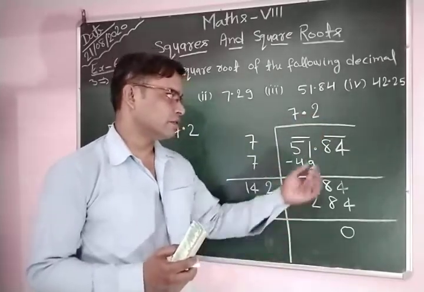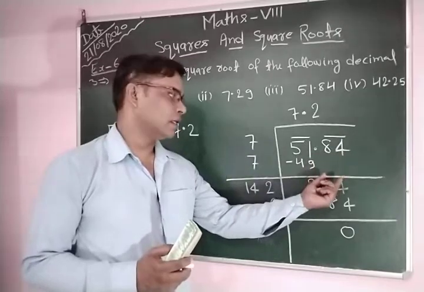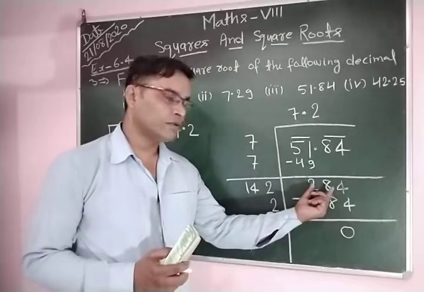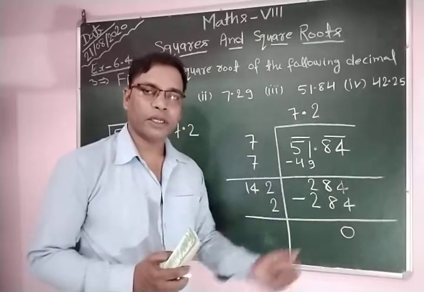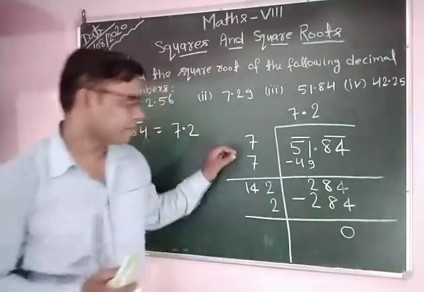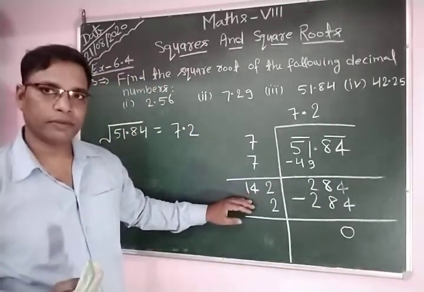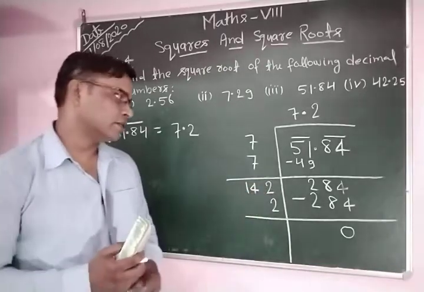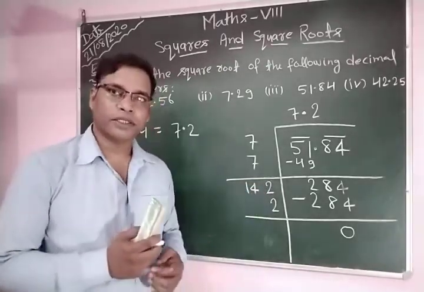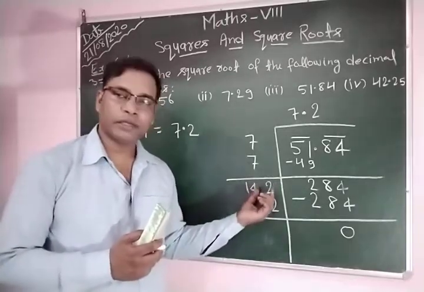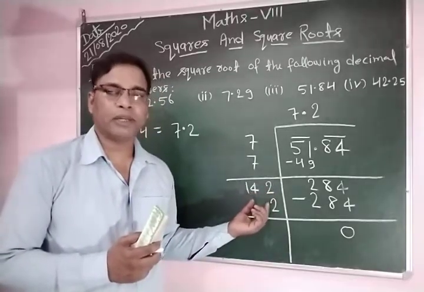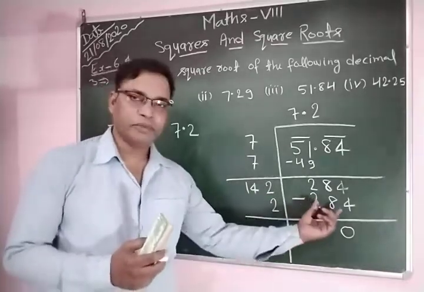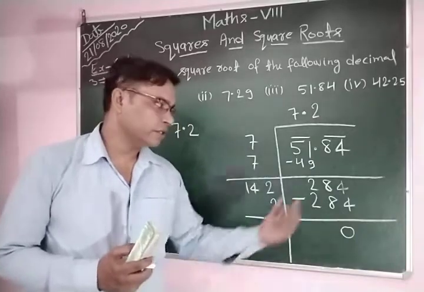Okay, so bring down the 84, and you can see this is the new dividend, 284. Here we add, it becomes 14, and we leave one empty place for a new number. So we select 2, such that the new divisor multiplied by that number is less than or equal to the new dividend 284.